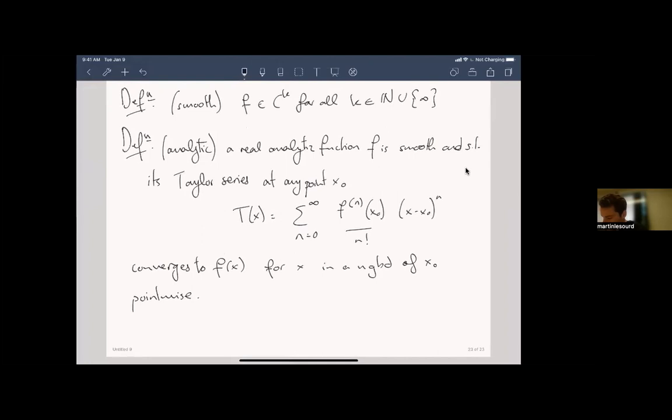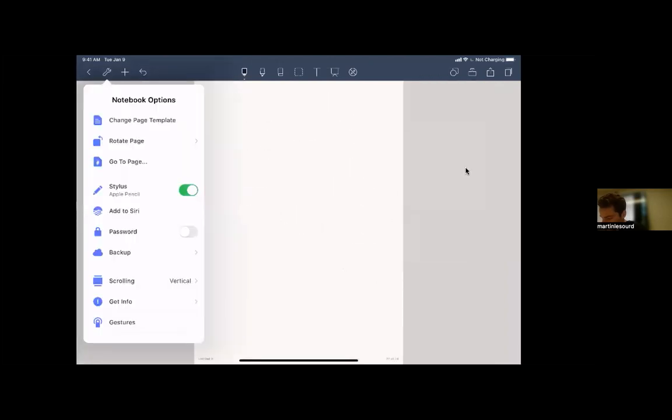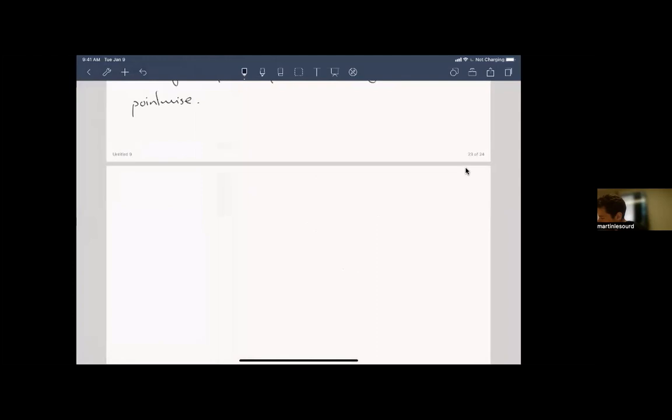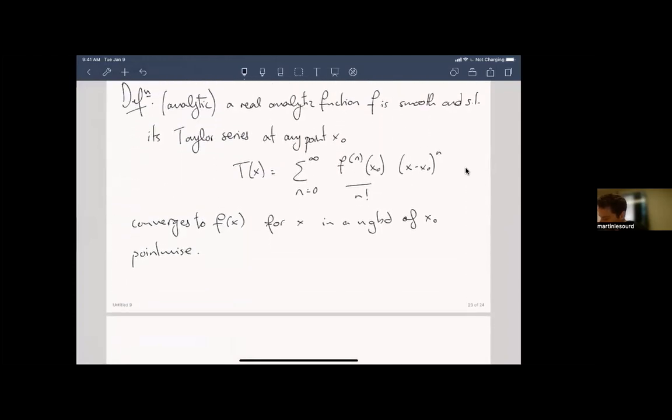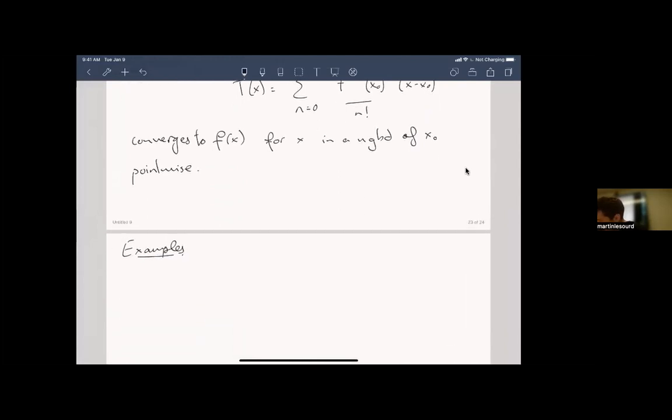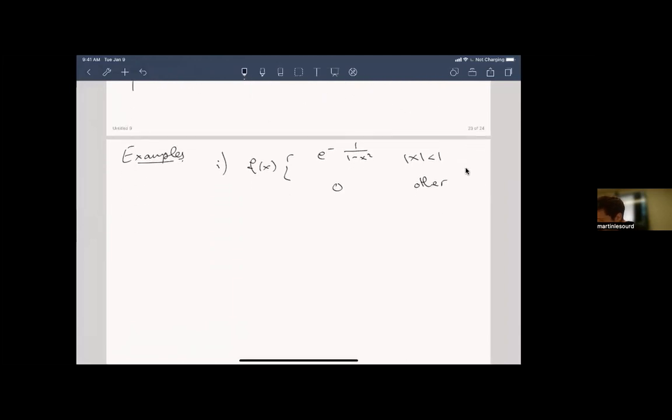Okay. So now let me give you some examples of some functions which are smooth but not analytic. Right, so the definition is here, and now we go to examples. Okay. So example 1, define f of x as follows. Now that function looks like this.